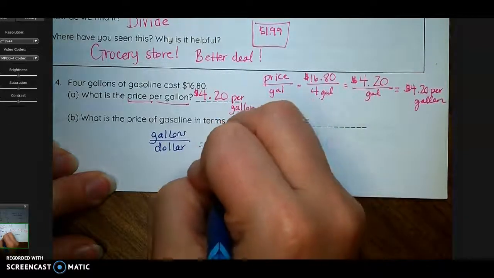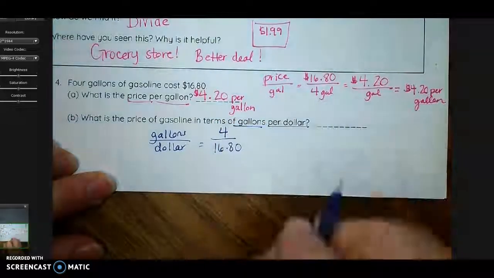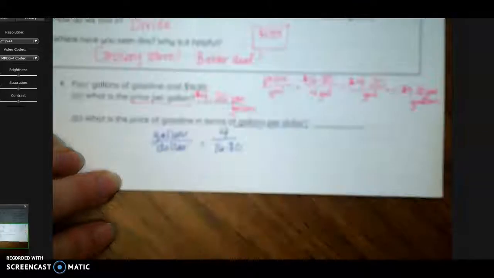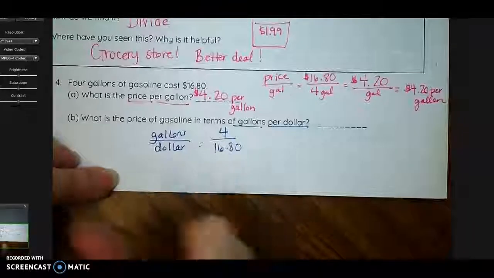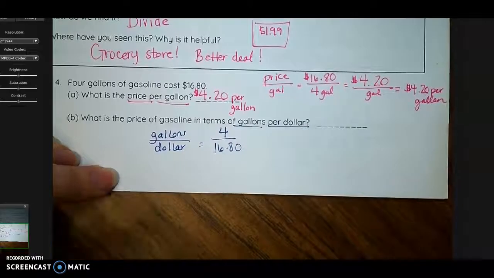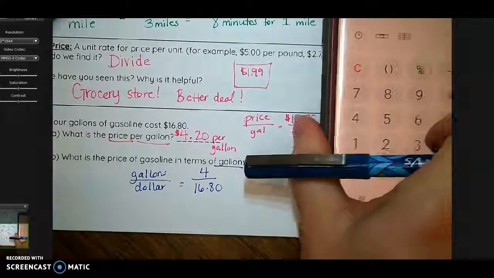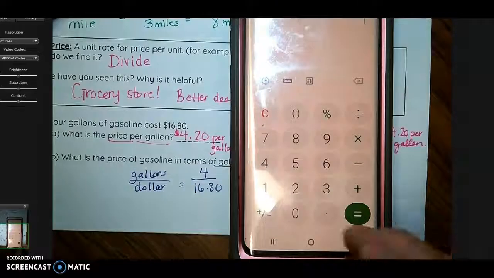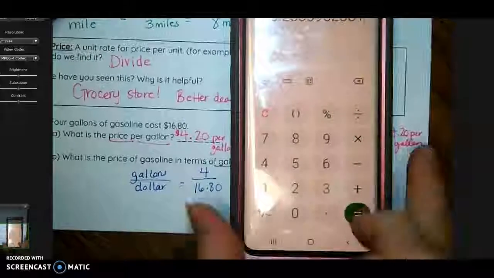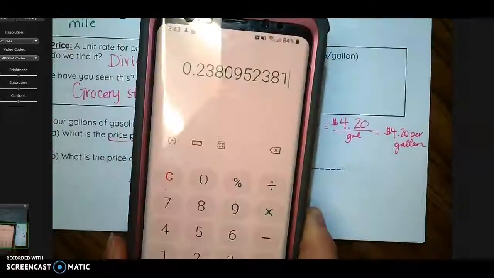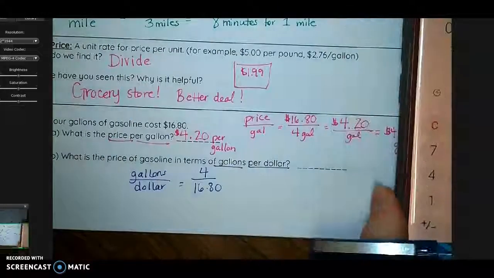So now I want 4 divided by 16.80. Now if your answer happens to be a fraction, this is very easy, just to flip it. Since our answer is in decimals, I'm going to get a really long, obnoxious division problem there.